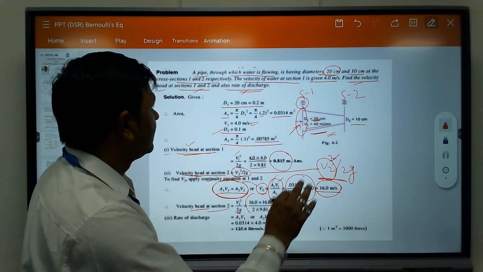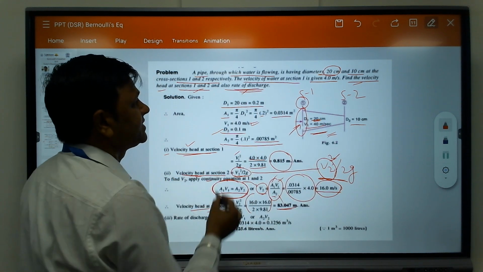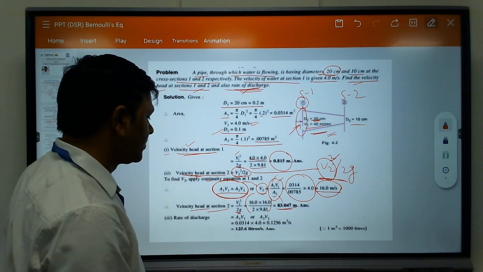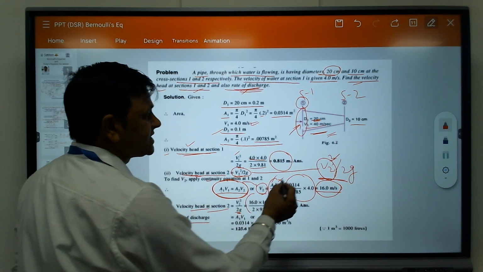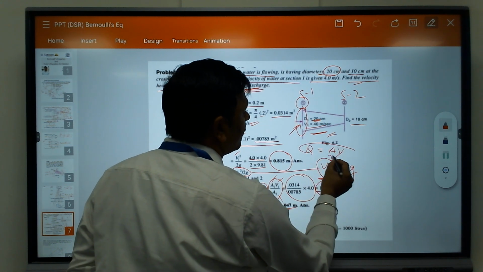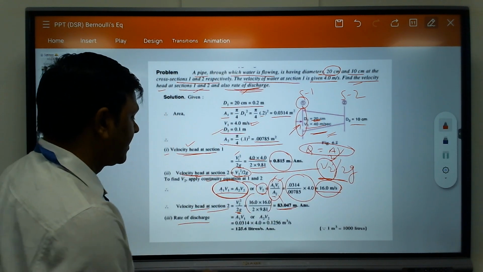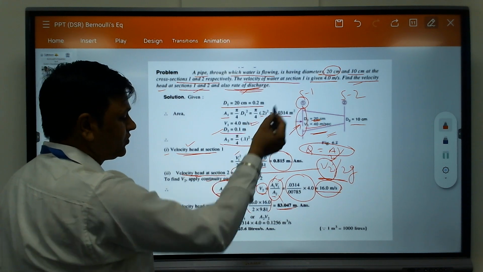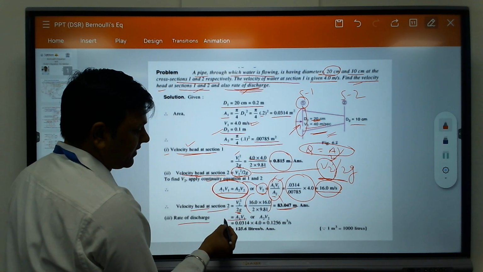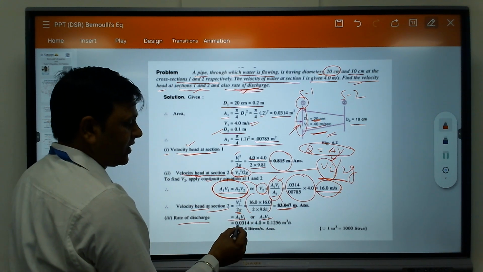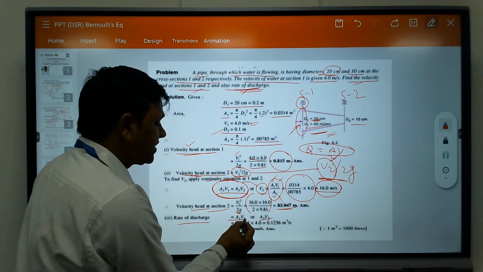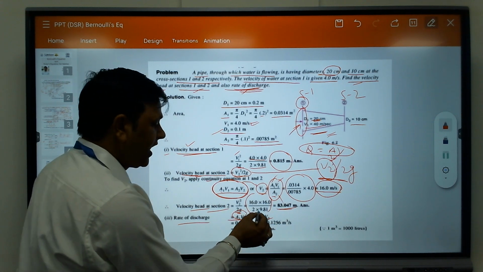Okay, now next, rate of discharge. Also find the rate of discharge. We also know that rate of discharge is equal to AV, area into velocity. For the two sections, rate of discharge is equal to A1 V1 or A2 V2. You can find the rate of discharge using either A1 V1 or A2 V2.